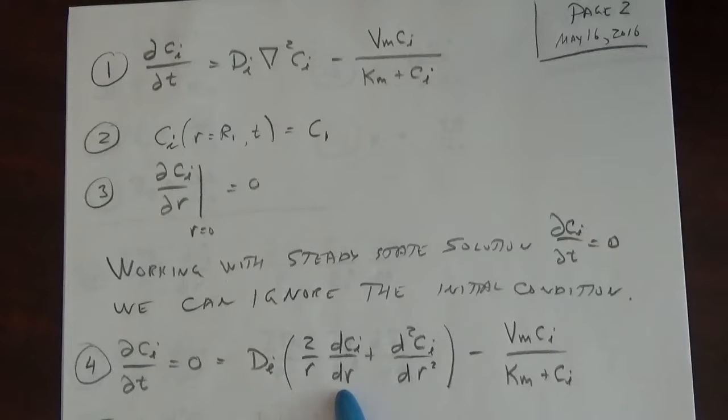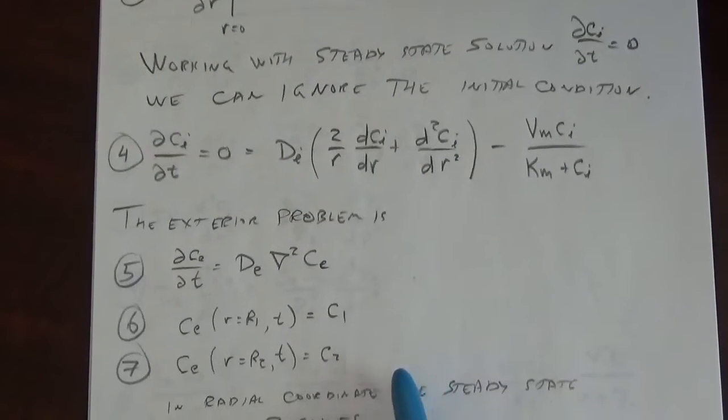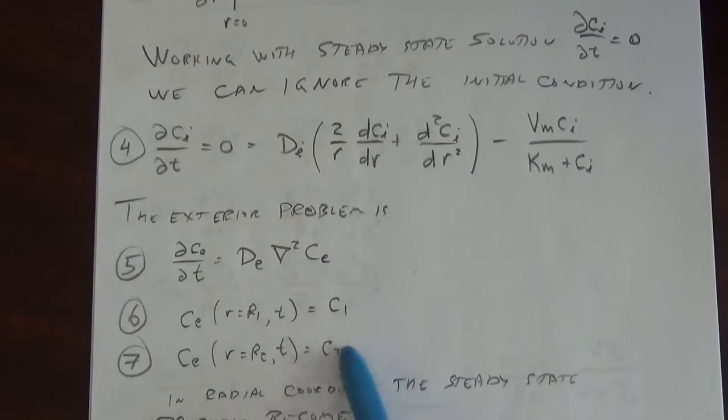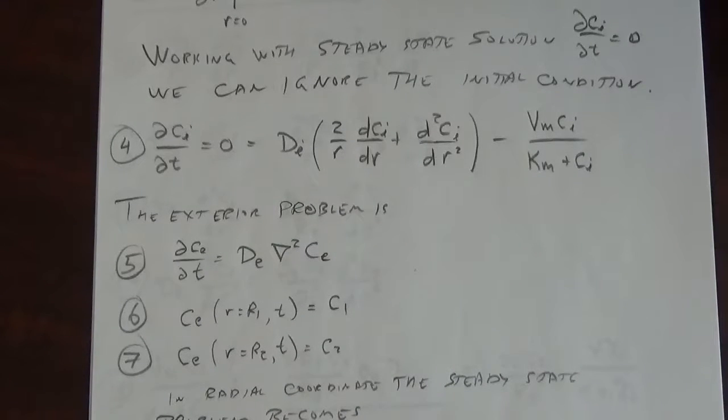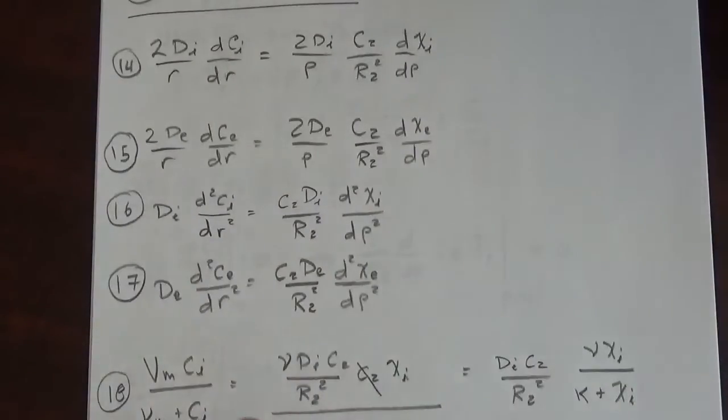Then we can go to the external problem, and we have the same except no consumption term, and we have constant values at the boundaries. And this can then be written in radial coordinates like this. So that is our differential equation.